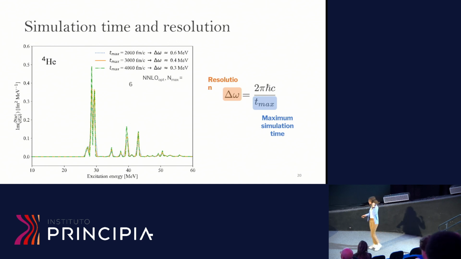So if I run my simulations up to 2000 fm/c, I will get a resolution which is around 0.6 MeV. But if I want a smaller resolution, 0.3 MeV, I will have to run my simulation double. So I will have to get to 4000 fm/c. You have to think that for each time step, which is usually 1 fm/c, we have to solve the coupled cluster equations at least once.